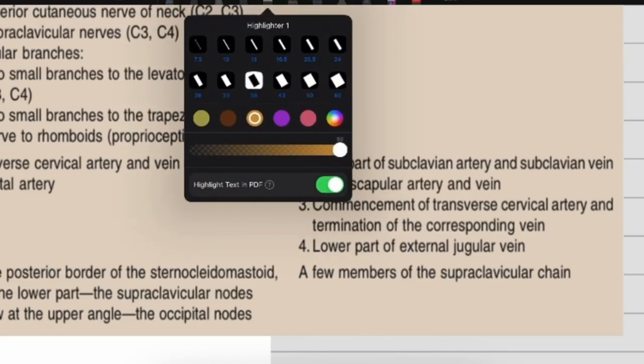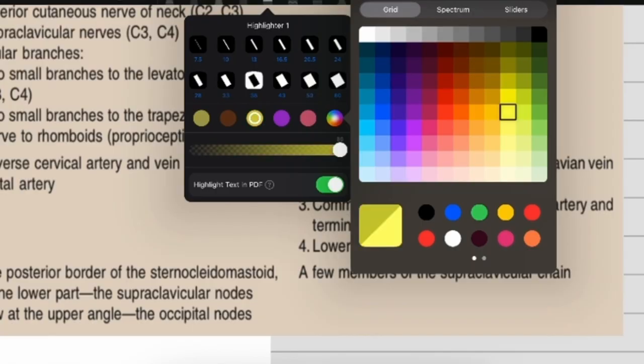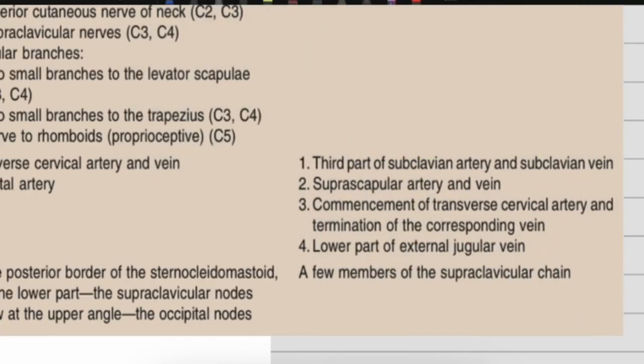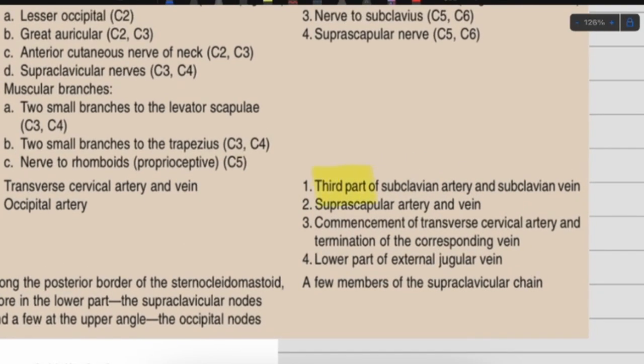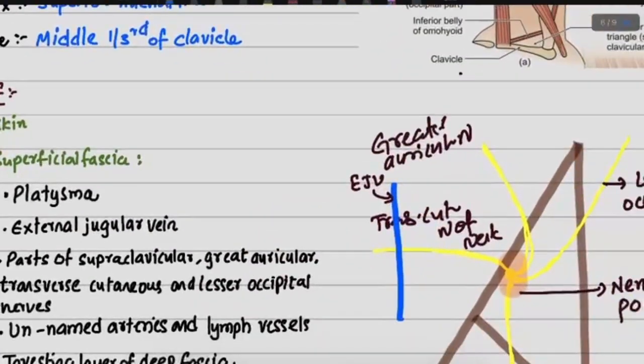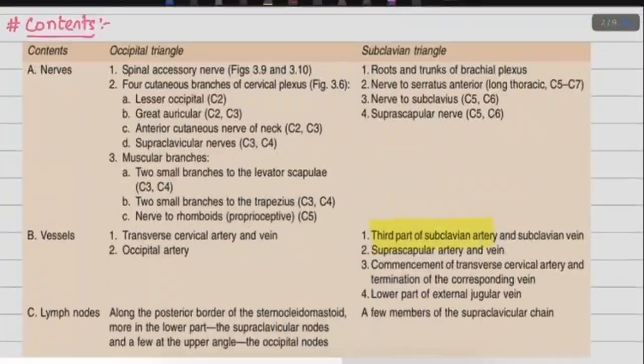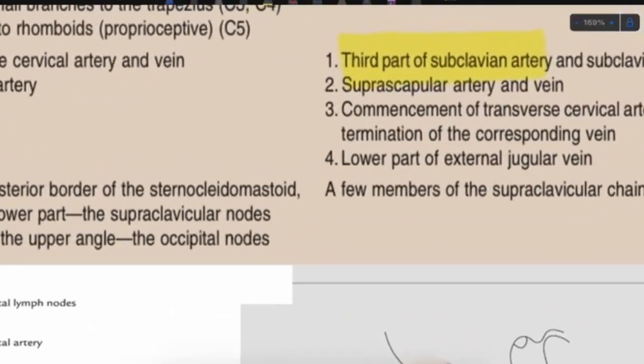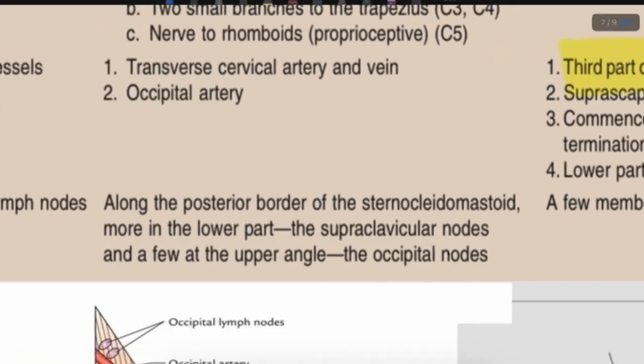So which part of subclavian artery is present in the subclavian triangle? It is the third part of the subclavian artery. And we have the suprascapular artery, and we have the external jugular vein, which we have discussed here, no? The lower part of the external jugular vein.